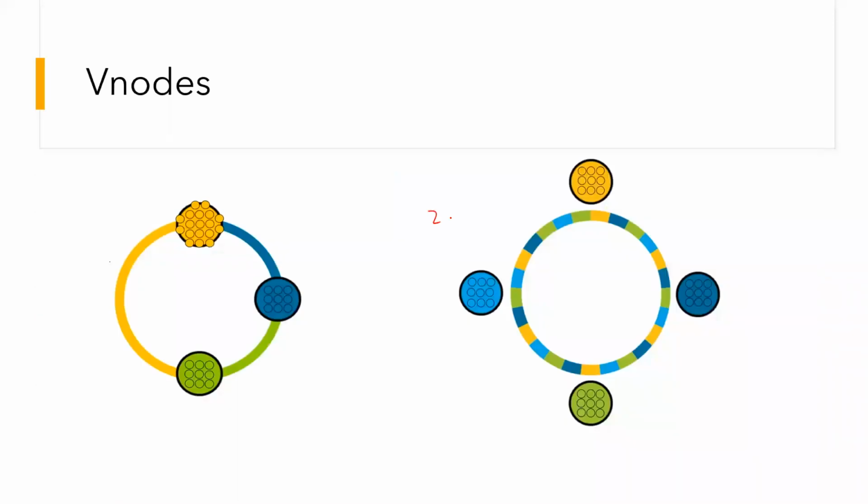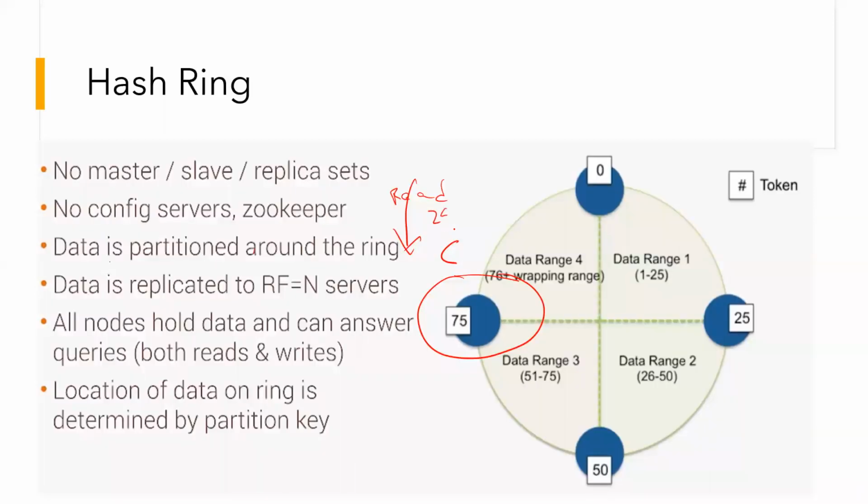The request comes here, and it knows that this data range is pointing to this particular node, so it redirects your request there. That doesn't mean this node has no data. It has its own range, but it is picked as your local coordinator. Your driver will point to that coordinator, and it reroutes.